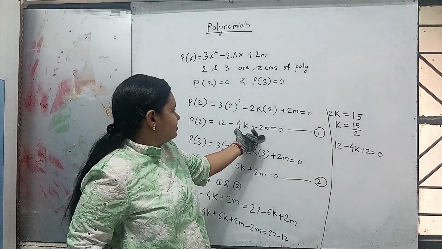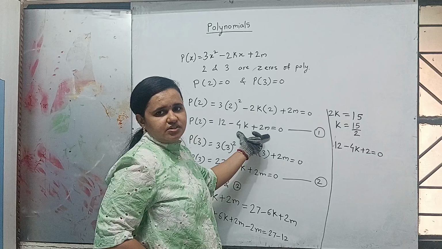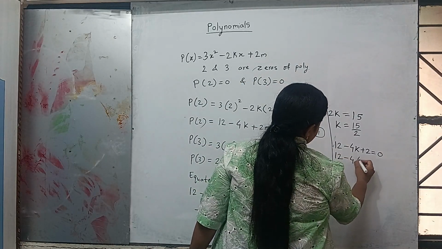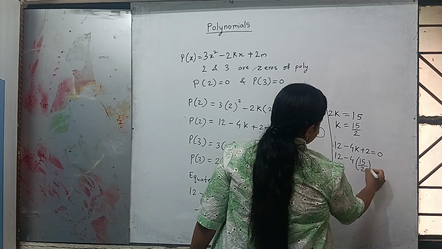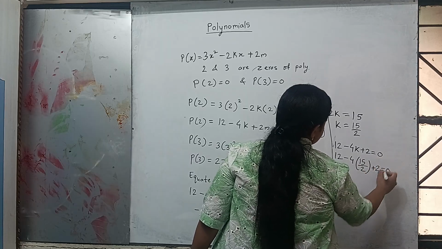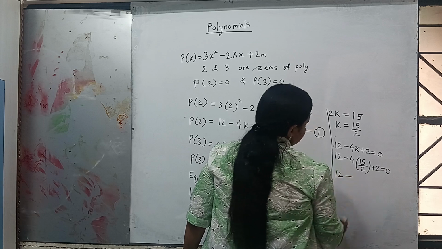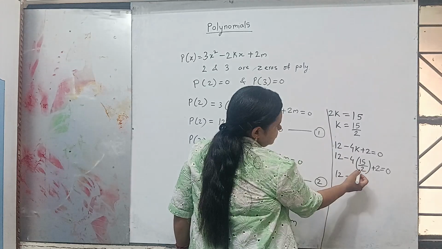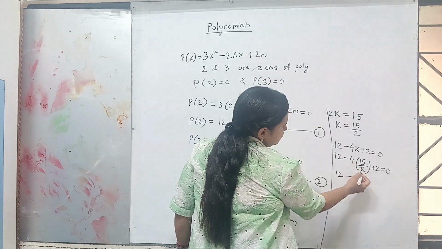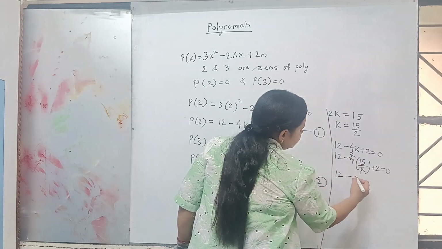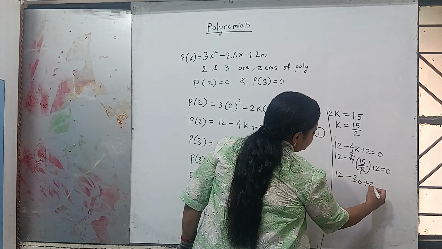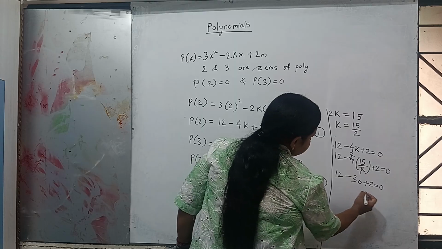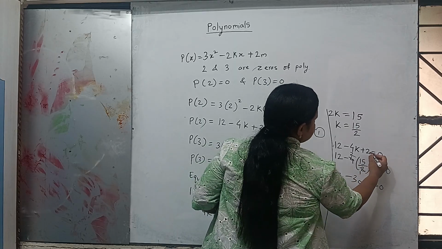We are putting k equals to 15 upon 2 in the first equation. 2 1s are 2, 2 2s are 4, 15 2s will be 30, plus 2m equals to 0.